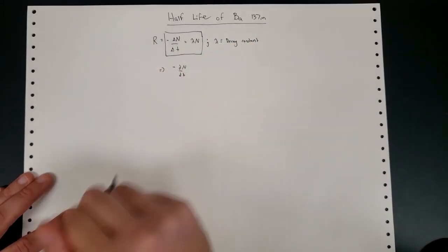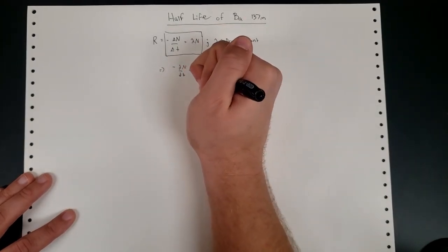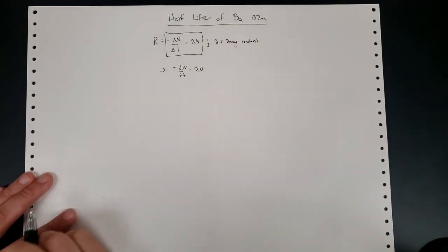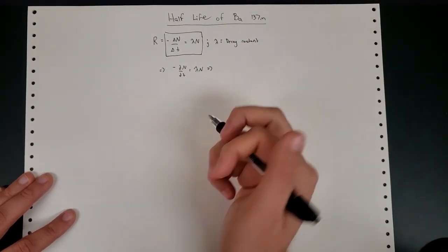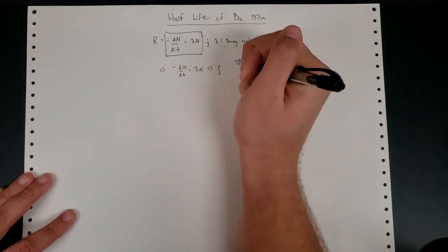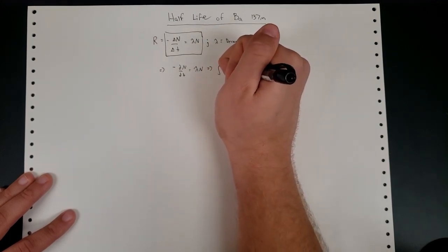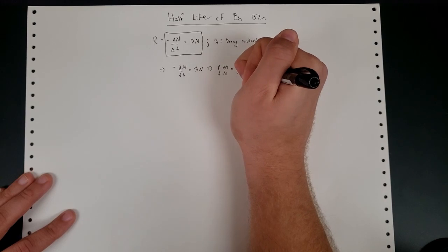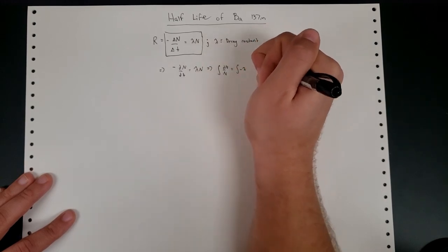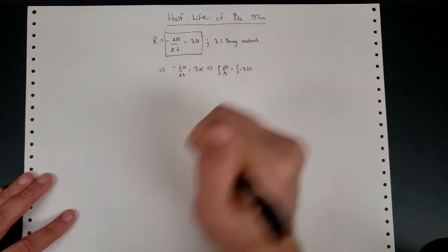So an infinitesimally small change in time. This right-hand side will stay the same. Right, and what we can do is now rearrange this equation and then take the integral of both sides. So we'll rearrange it as the integral of dN over N being equal to the integral of negative lambda times dt.